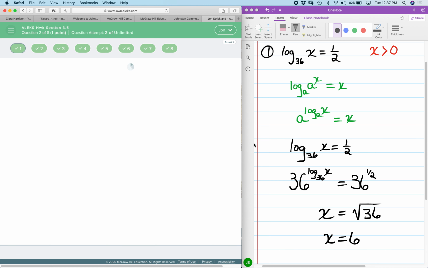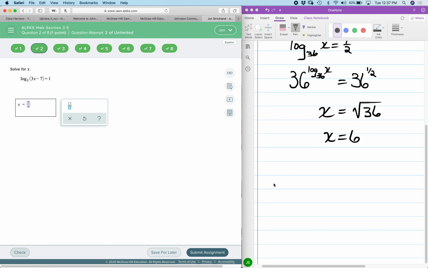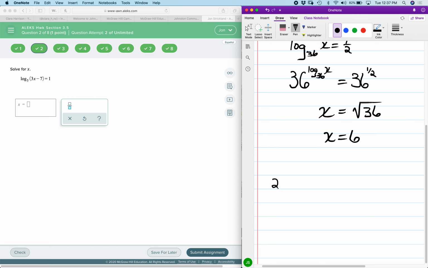In the case of number 2, we're looking at solving for x, and this time we have the base 5 logarithm of the quantity 3x minus 7 is equal to 1. And again, 3x minus 7 has to be positive for that statement.